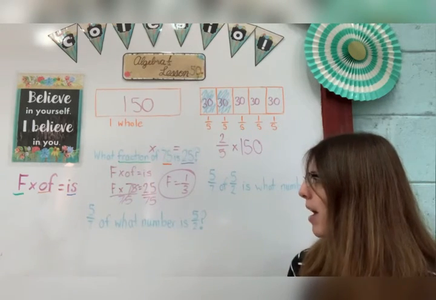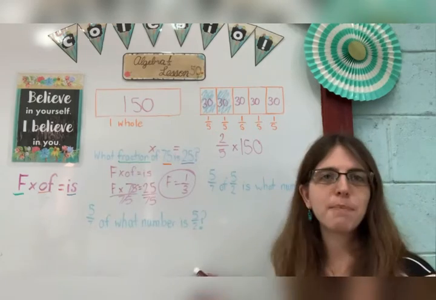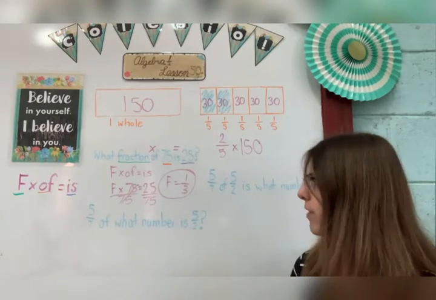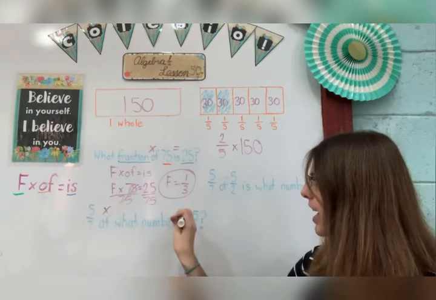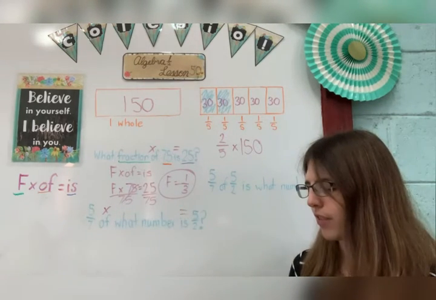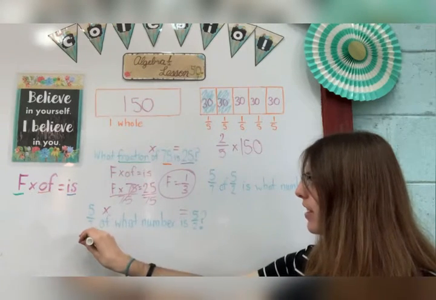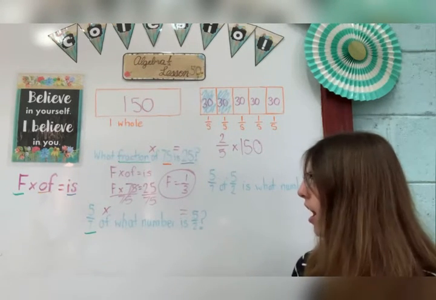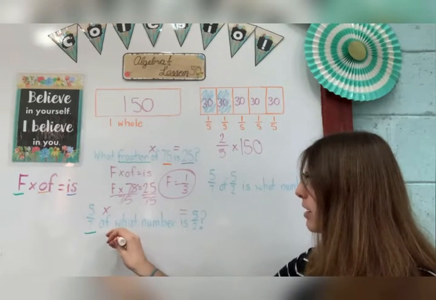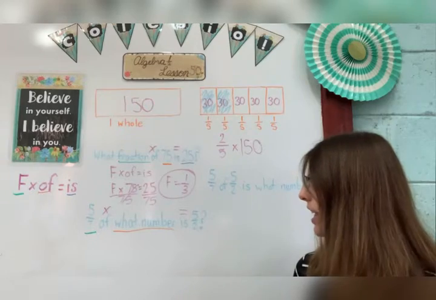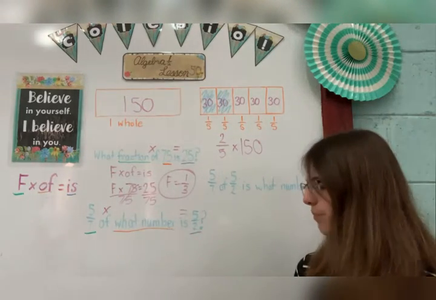All right, let's try another one. 5/7 of what number is 5 over 2? Okay, so I have of and is right here. I have my fraction, 5/7, of what number? This is going to be my variable because I don't know yet what that is, equals 5 over 2.